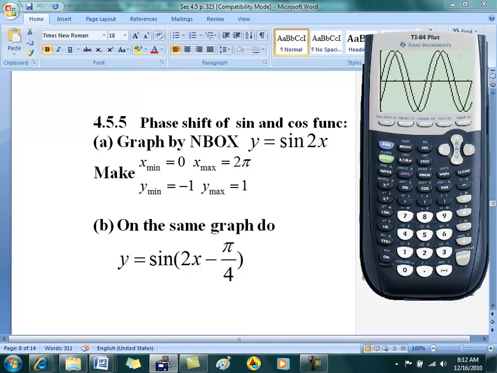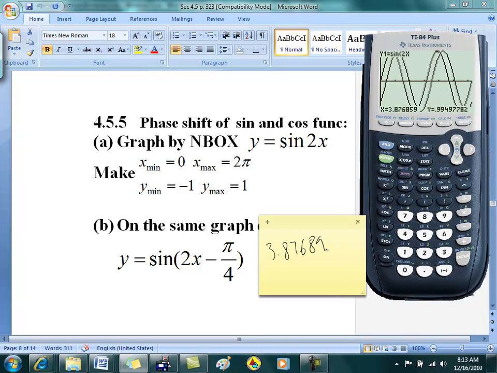What I want you to do is go to trace. Move your cursor out to about there and write down the x value there. You might not get exactly what I have, but something like that. Now move the cursor over to the other function and take it to the same peak about there.